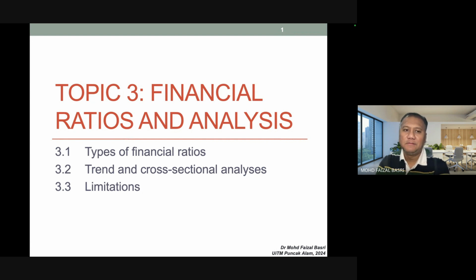So there are 3 subsections in this topic. First of all, we're going to go through the types of financial ratios. You're going to see later on, we have 5 categories, and each category will have a few types of ratios.